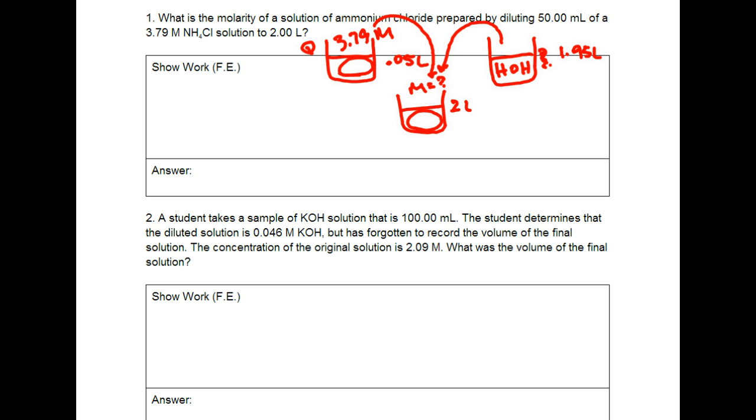So we have 3.79 molar, which means that another way to write that down is 3.79 moles per 1 liter. But we don't have 1 liter of it. We have 0.05 liters of it. So we need to solve for the amount of moles that we have in 0.05 liters worth of that much molar.